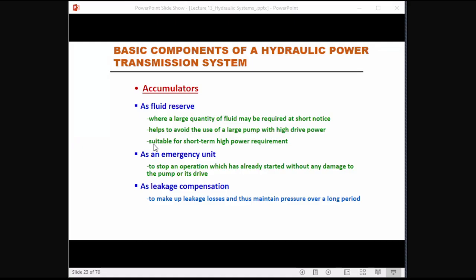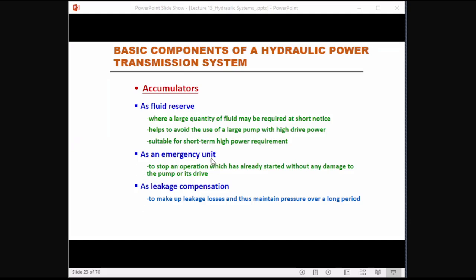This is especially useful in situations with short term high power requirements. Okay, suitable for short term high power requirements.